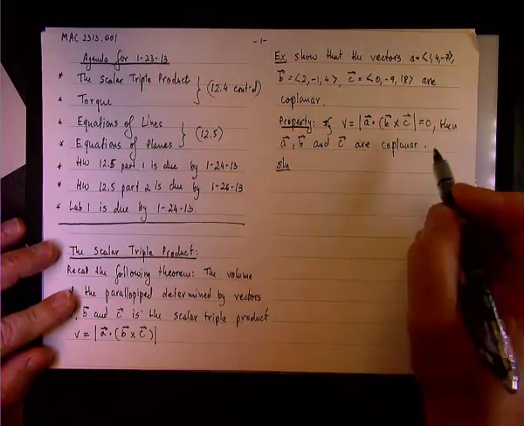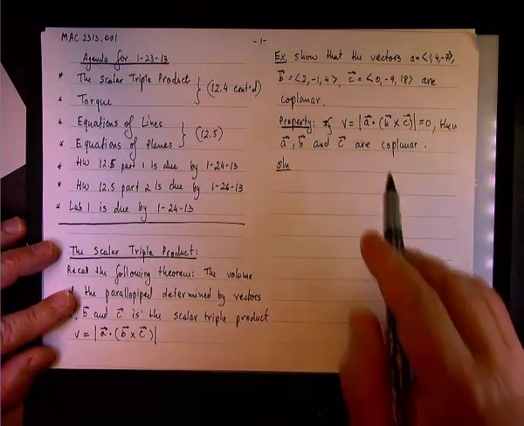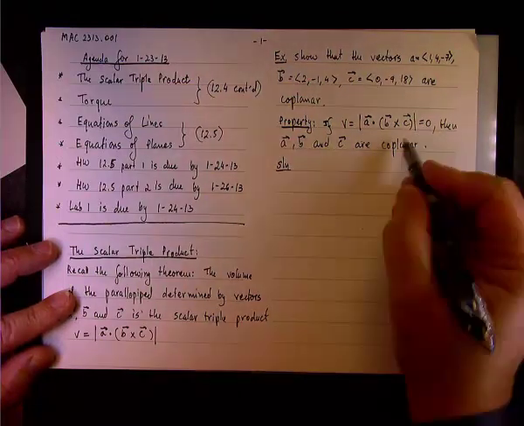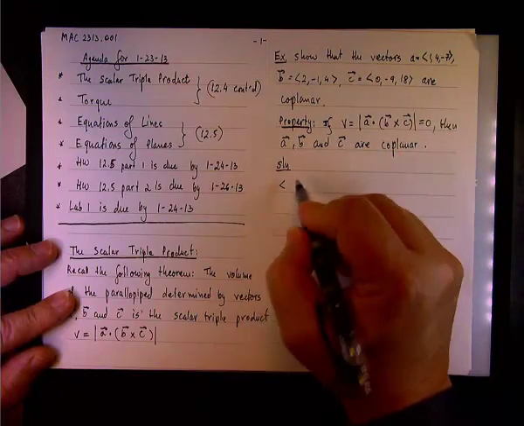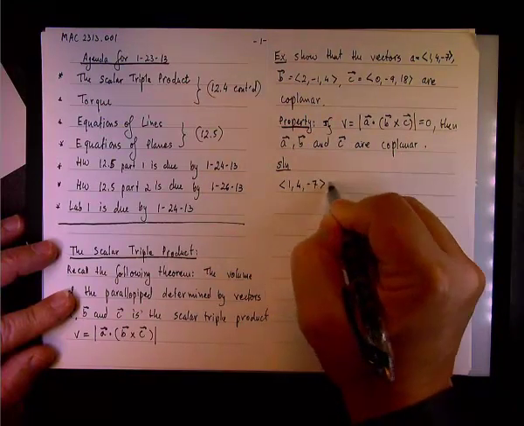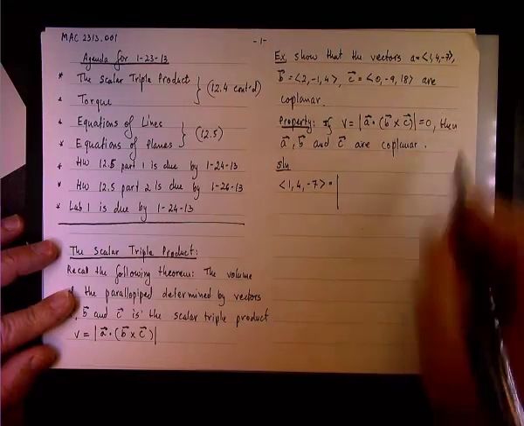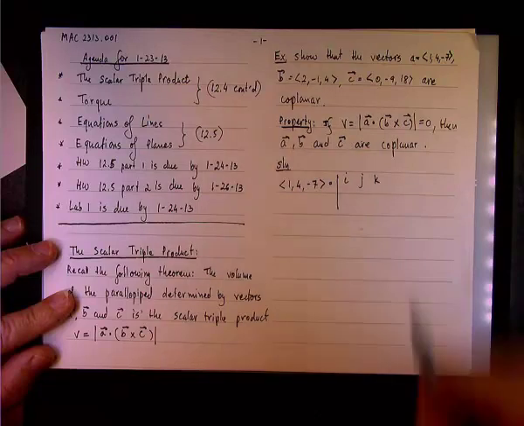So to solve it, let's see, can I do it in one shot? Yeah, we can do it in one shot. We'll go A, which is 1, 4, negative 7, and we do dot.